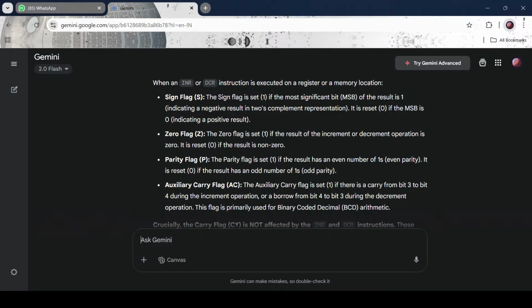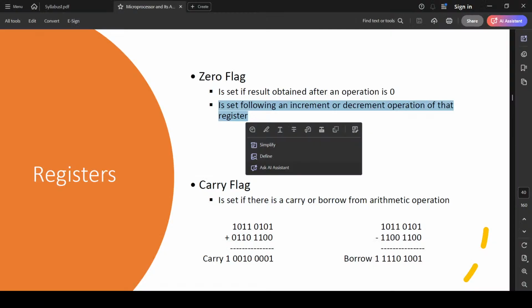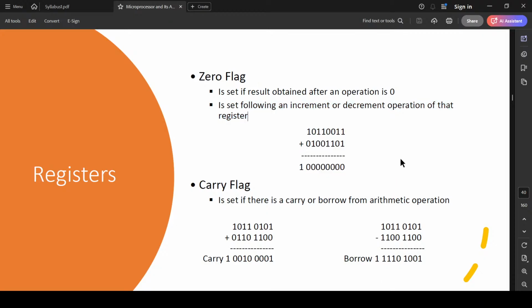Oh, okay. It basically means when there's an operation of increment or decrement, like if you add one or subtract one from a given number, if that answer is zero, then it's one, I think. Yes, Gemini does say it. Yes, I am correct.